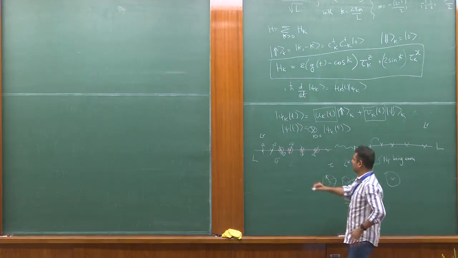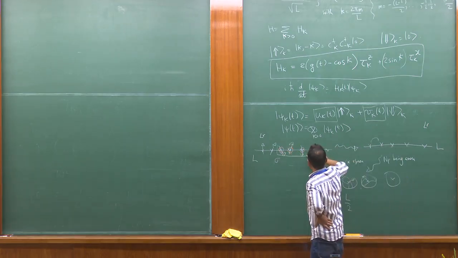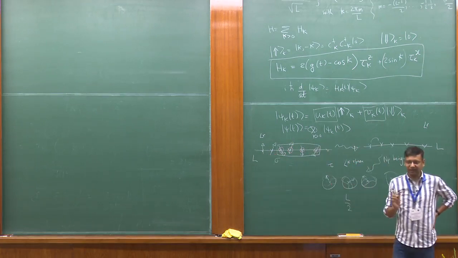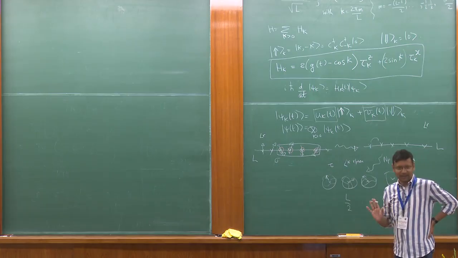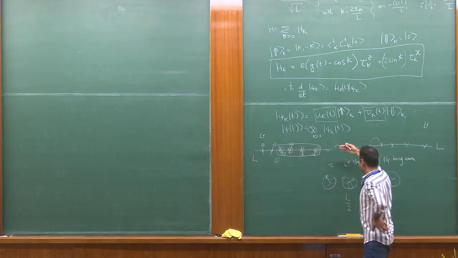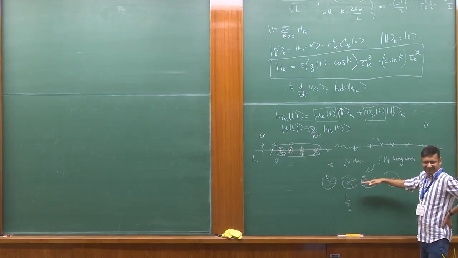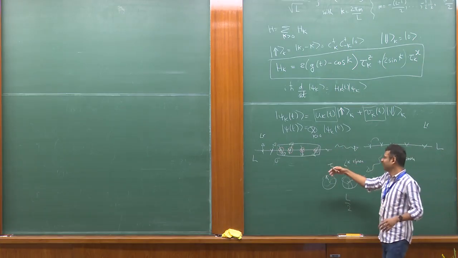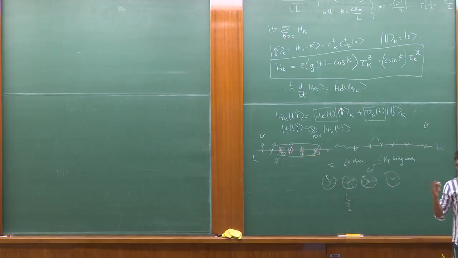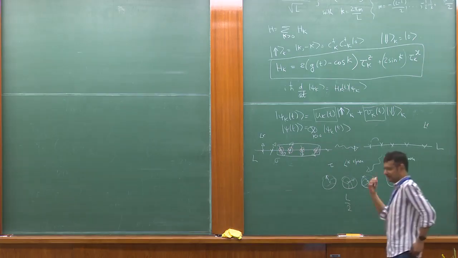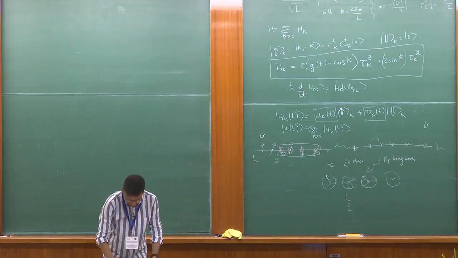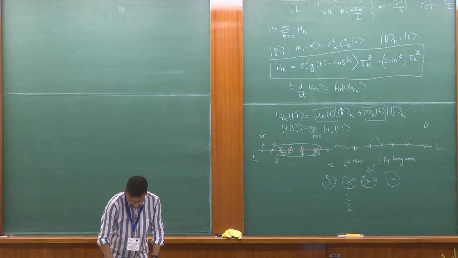And I want to integrate out the rest of the degrees of freedom and find the entanglement entropy of this subsystem. That's my aim, right? But the simple representation is here, so it's not completely obvious how you will do it because this is R space, this is K space, and there are some further transformations. So let me just state for you how you'll do that. It's kind of interesting.